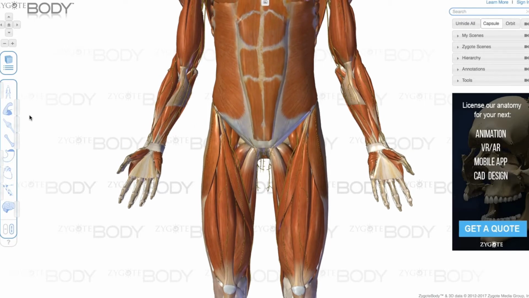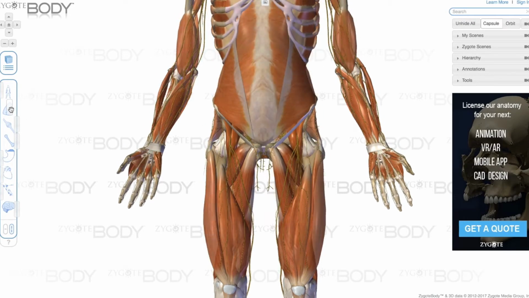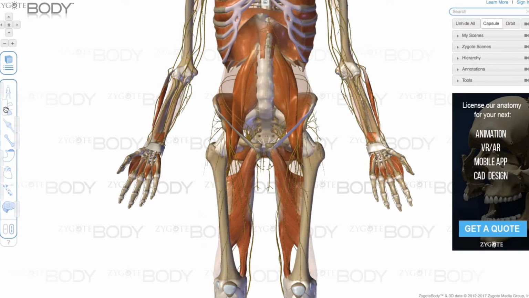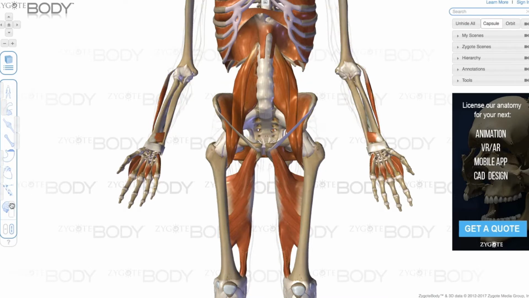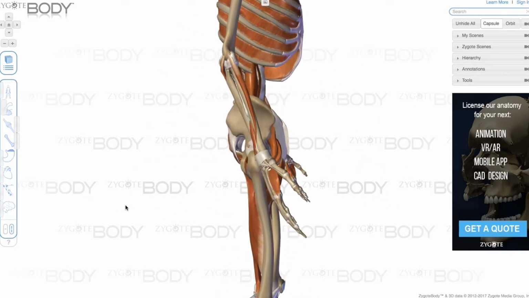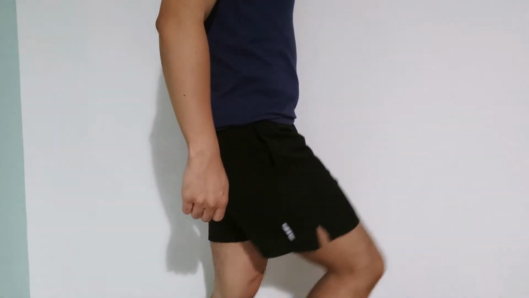Let me just remove some of the muscles so that you can see them. The hip flexor group muscles are basically the muscles that actually flex your hip. So when we talk about flexing your hip, the action that does that movement basically gets the muscles to contract.